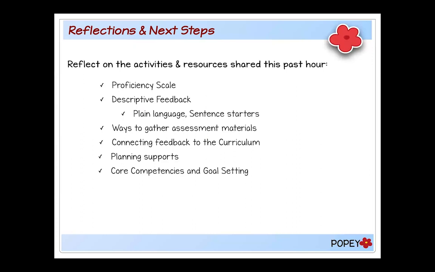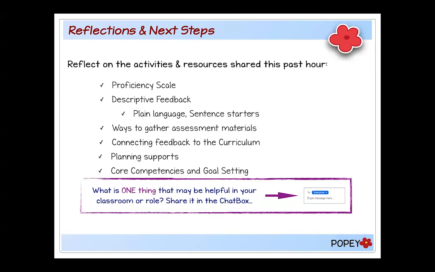Okay, so that is right on time. I'm just looking at the clock. What we've done in the past hour or so is take a look at the proficiency scale. Remember those proficiency pigs that might be helpful with your kiddos. We looked at descriptive feedback around plain language sentence starters, different ways to gather assessment knowledge and evidence, and really making sure that our reporting is based on our curriculum learning standards.